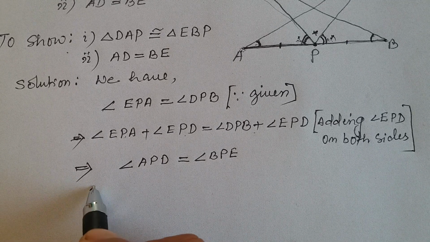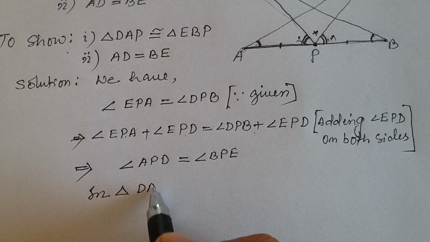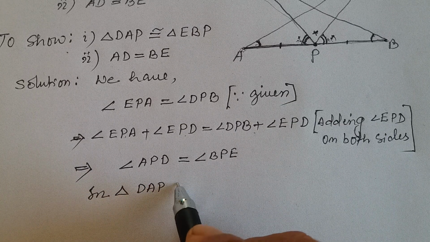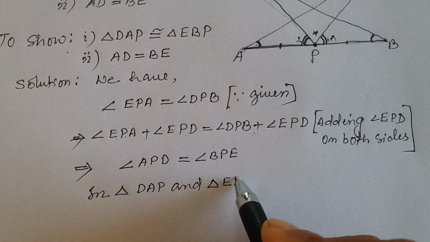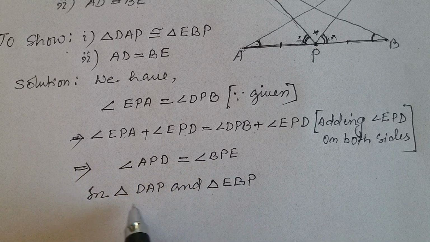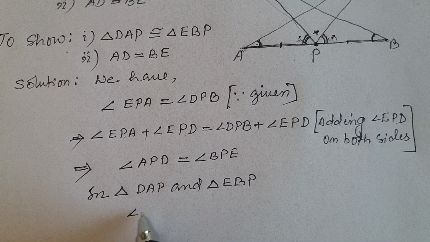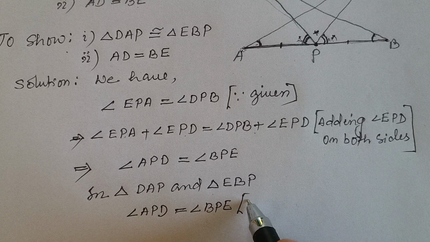Now in triangle DAP and triangle EBP, angle APD is equal to angle BPE as shown above.